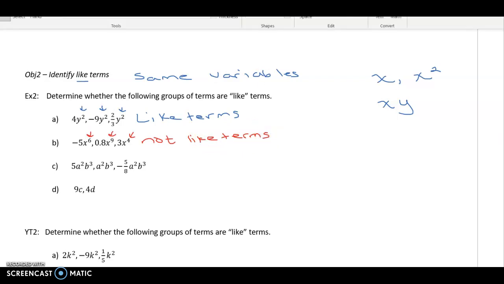If we look at the third example, part C, we see a squared b to the third, a squared b to the third, a squared b to the third. And it doesn't matter what the coefficient is. The coefficient value can be any number, but we're looking at the variables and what they are. A squared b to the third is true on every single term.